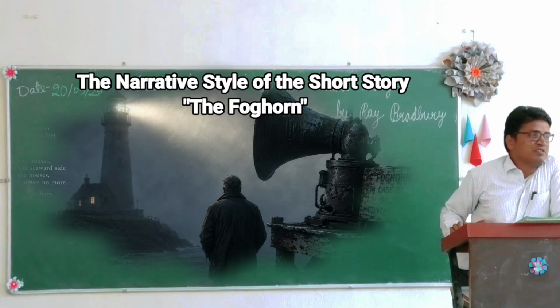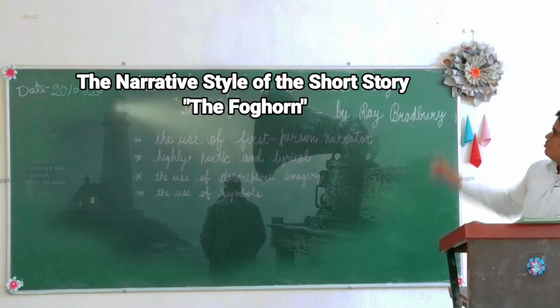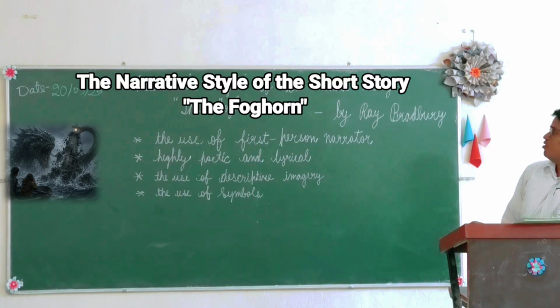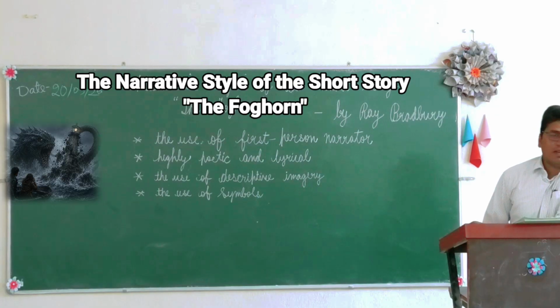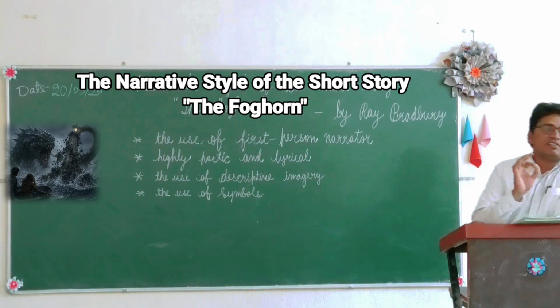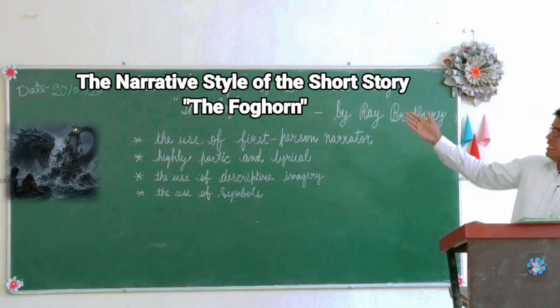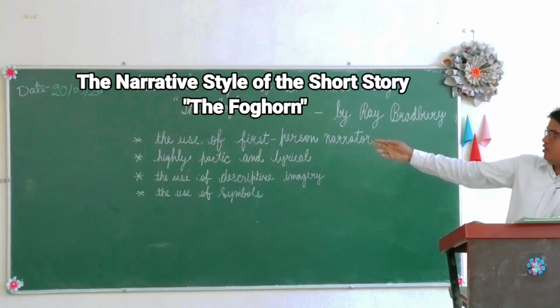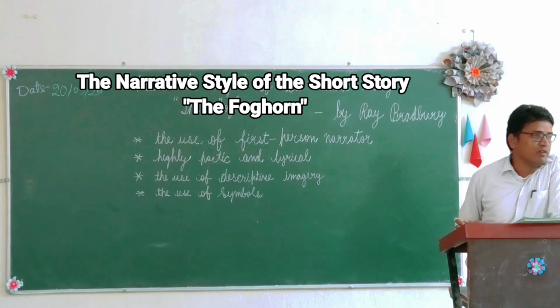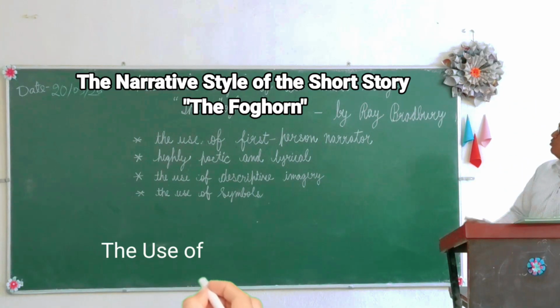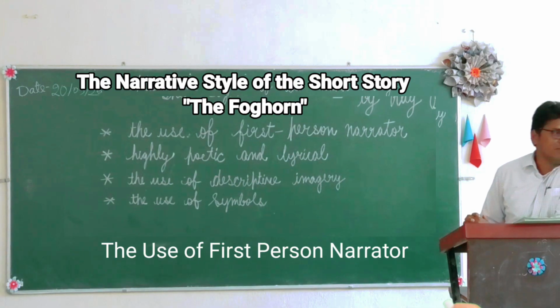So today we are going to discuss the narrative style of the short story, The Foghorn. In this class, under this heading, we are going to take four sub-points. First sub-point is the use of first-person narrative.